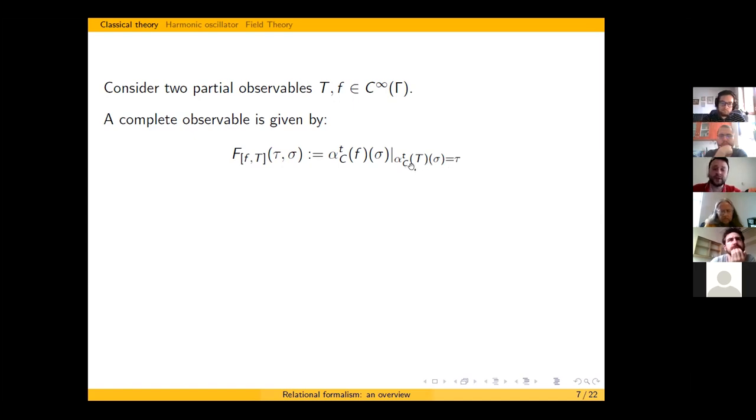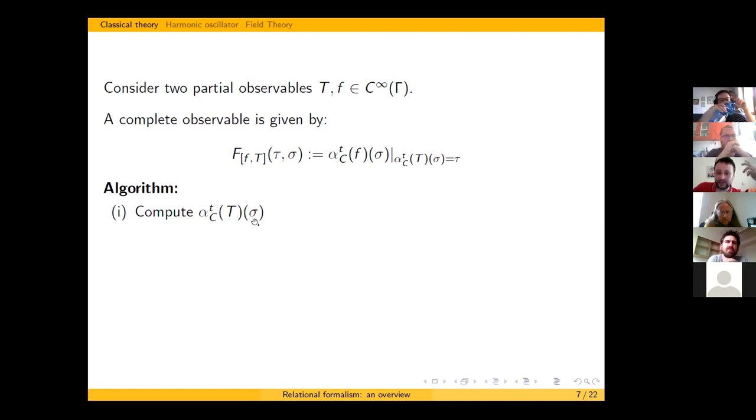If we can invert this relation and solve for t, and insert this t in this other flow, then it can be proved simply, it's not very complicated, that this is a complete observable: the flow generated by the constraints, which are based on gauge transformation, doesn't affect this function.